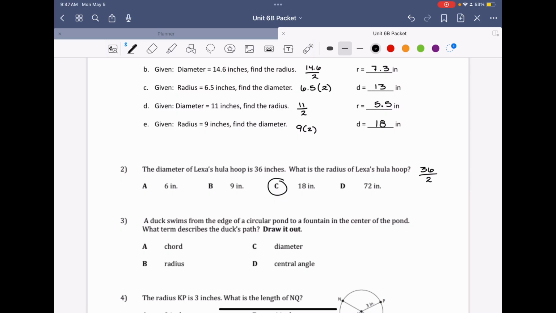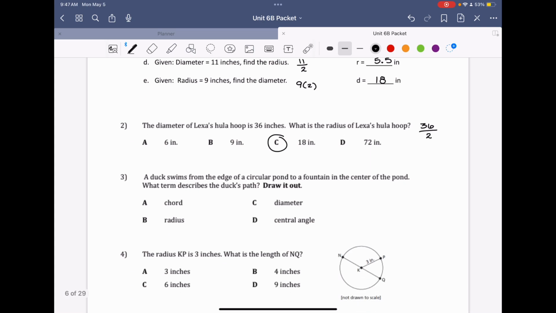Number 3, a duck swims from the edge of a circular pond to a fountain in the center of the pond. What term describes the duck's path? Draw it out. If there's not a diagram, it's a lot easier to understand what's happening if you draw that out.